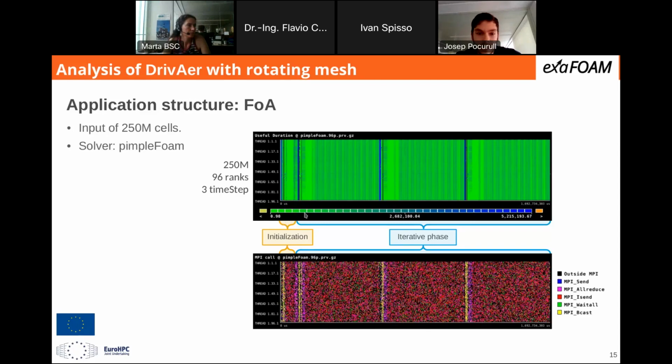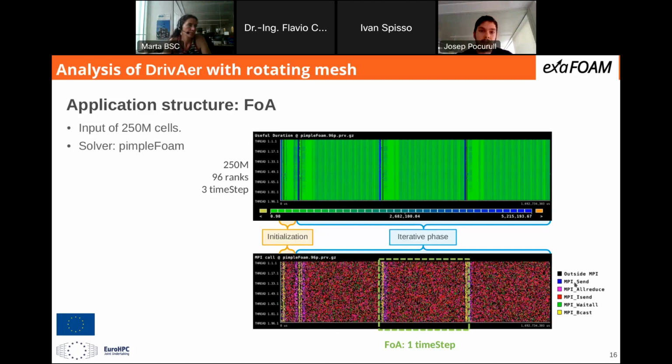As Marta said, here is the legend for the colors with the gradient scale, and in the bottom one, the colors represent the different MPI calls, but it's not a gradient, it's a color for every MPI call.